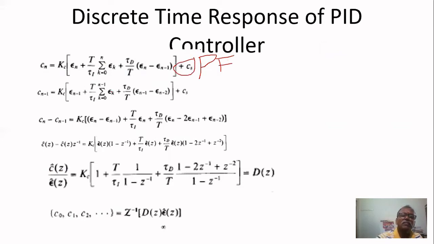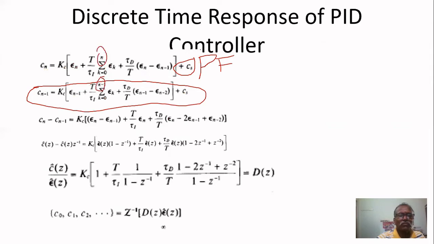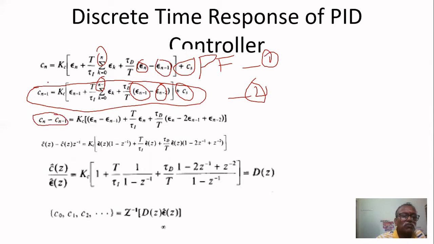Now if you write the same for one sampling period before, then instead of C of n, it becomes C of n minus 1, instead of E of n, E of n minus 1, and instead of integrating up to n, we integrate up to n minus 1. Then instead of E of n, E of n minus 1, and E of n minus 1, E of n minus 2. The bias value is the same. Let it be equation 1 and equation 2. If you subtract the second equation from the first, you will get Cn minus Cn minus 1.